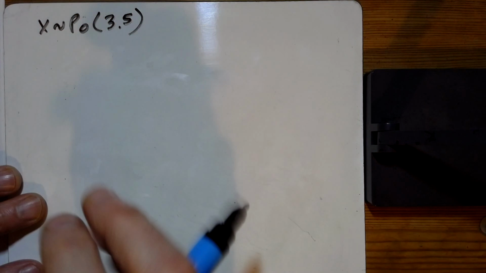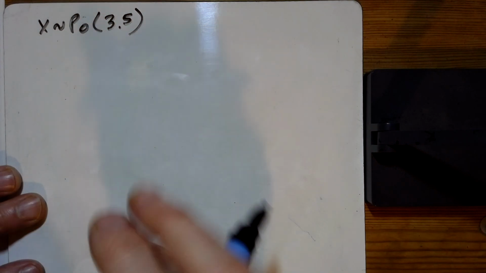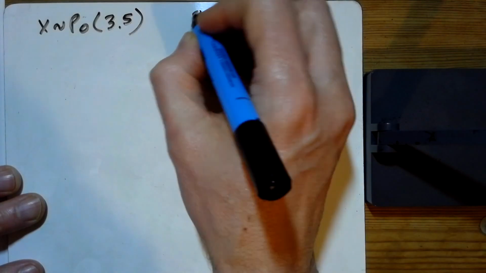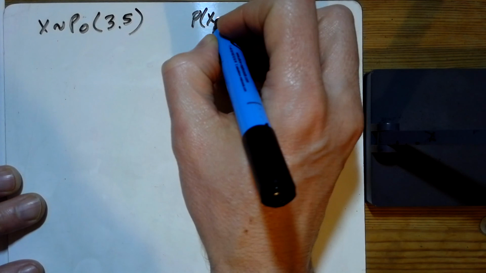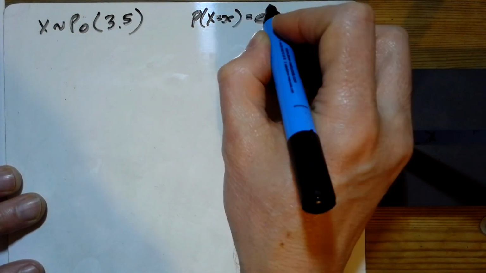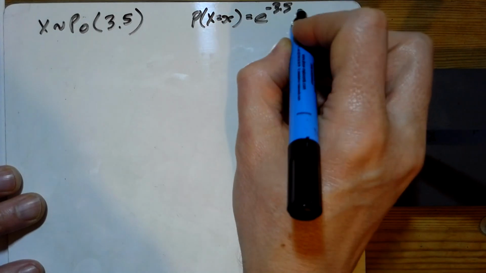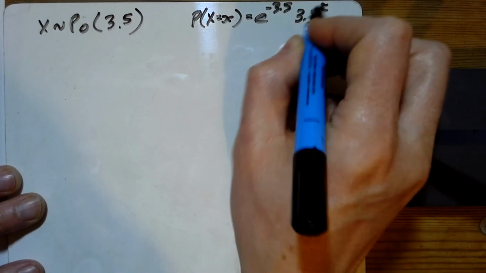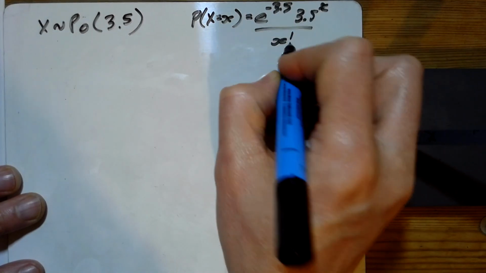Question 7, the situation is clearly a Poisson distribution with that rate in there, and you need to remember what the Poisson formula is. The probability that X is equal to x is e to the minus lambda, lambda to the x over x factorial.